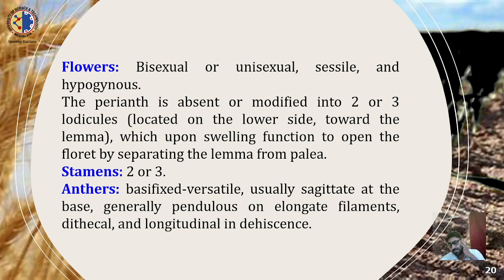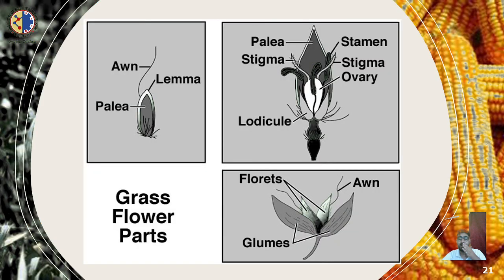Anthers are basifixed, usually sagittate at the base, generally pendulous, drooping anthers. They are dithecous, and they liberate their pollen grains by longitudinal walls, not by the apical walls. Again, a common grass flower: palea, lemma, awn, stigmas, ovary and stamens.